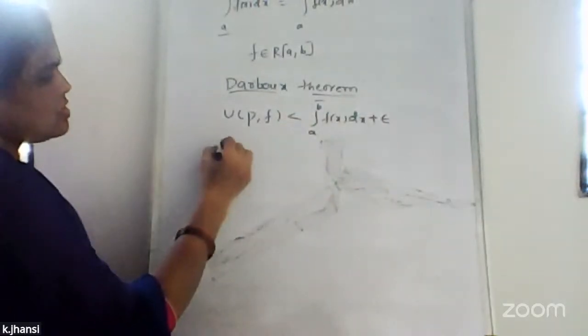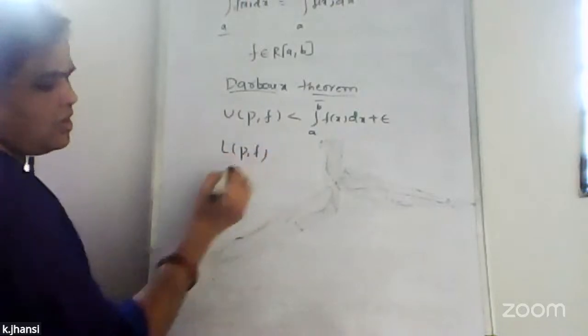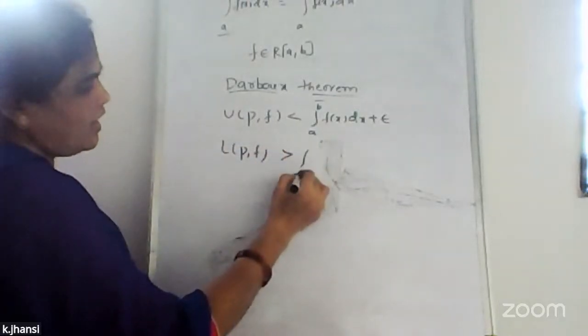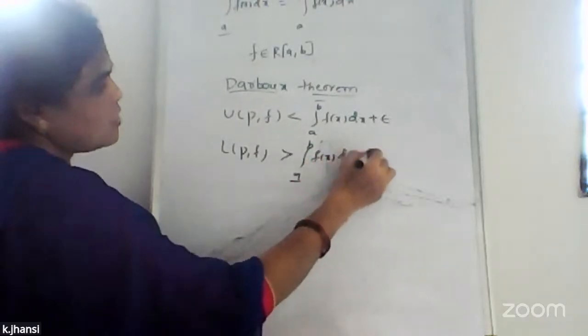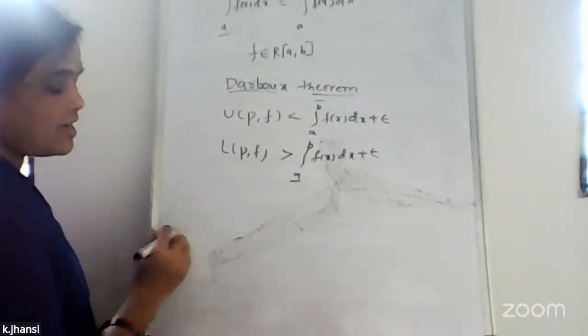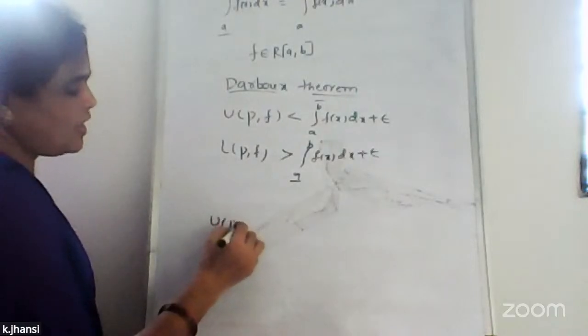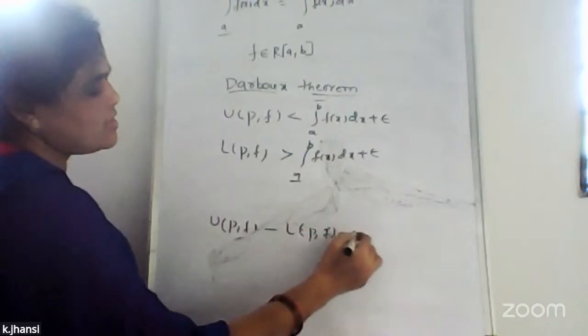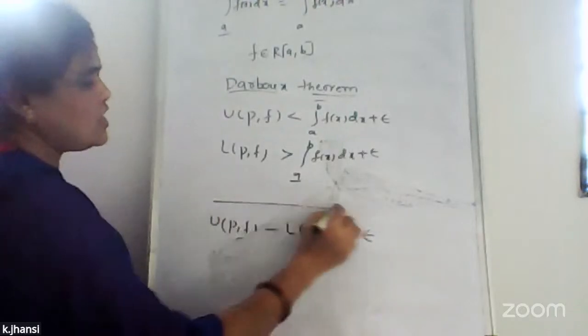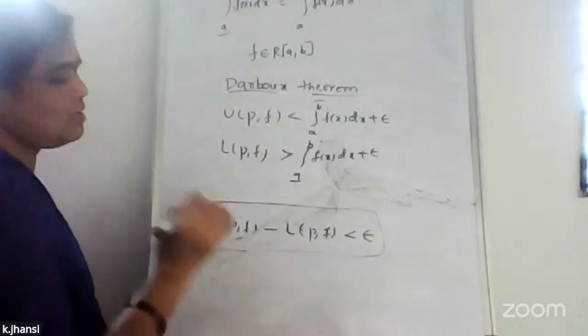Okay, and L of P comma f is greater than the integral from a to b of f of x dx minus epsilon. Okay, the necessary and sufficient condition is U of P comma f minus L of P comma f is less than epsilon. This is the condition of integrability.